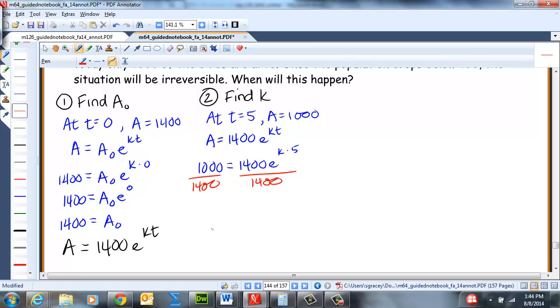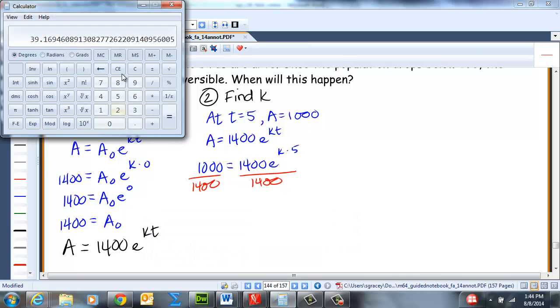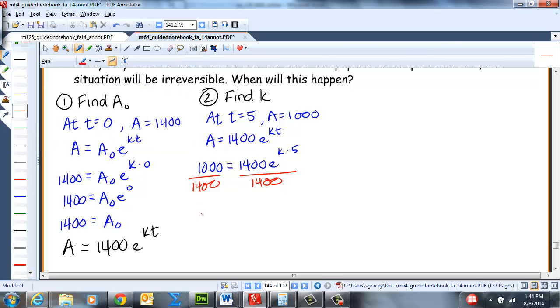we will have, so let's see what we get. 1,000 divided by 1,400 is approximately, well, let's go to 4 digits again, 0.7143.